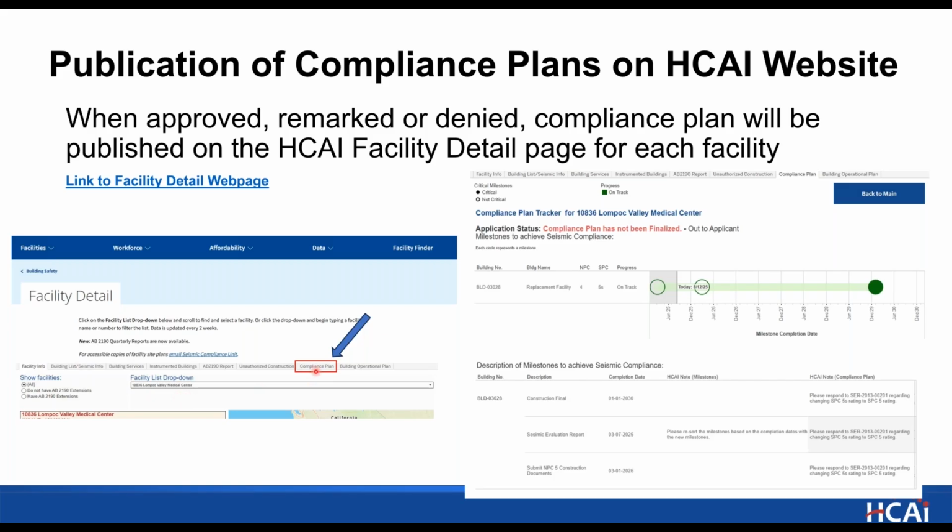The compliance plan will also be part of it. So when a compliance plan is submitted, we first will take a look at it, and if we remark it, or if we approve it, or if we deny it, it's gonna appear under here. So it's not gonna appear till we review it, but it's gonna appear when we remark it, deny it, or approve it.